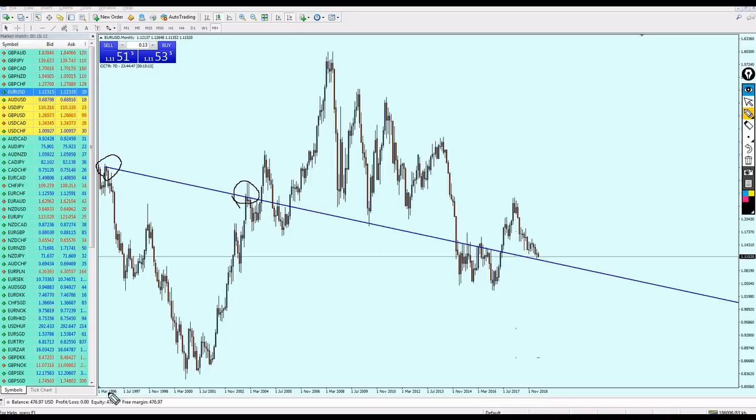This was a trend line back in 1996, and again it was still a trend line in 2003. And even after the breakout here, the trend line kept its position as a resistance trend line in early 2005. Then again 2009 or 10, this trend line has been broken out by this breakout candle, and now it is a support trend line.